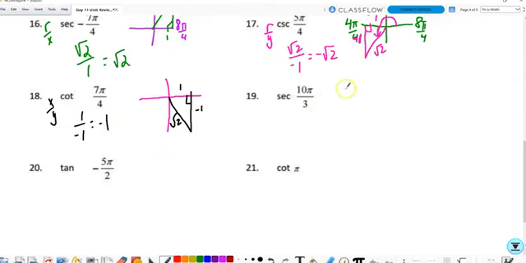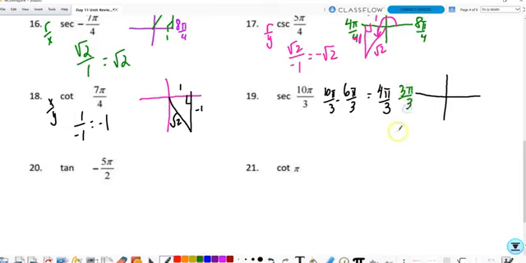10 pi over 3 is more than 6 pi over 3, because 6 pi over 3 is 2 pi. So we get 4 pi over 3 as a coterminal angle.